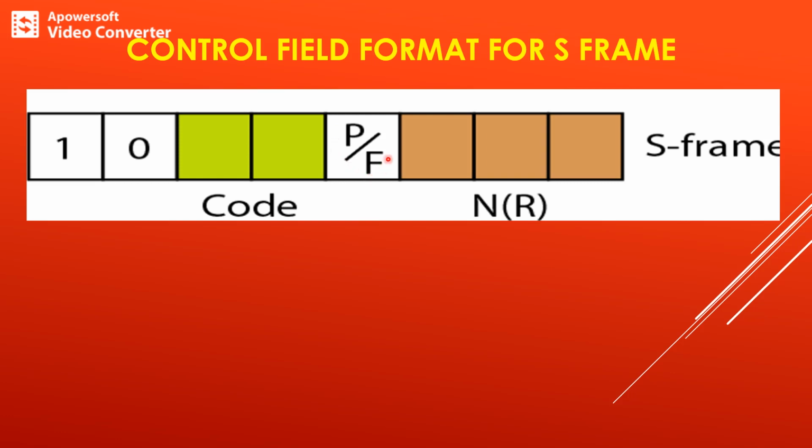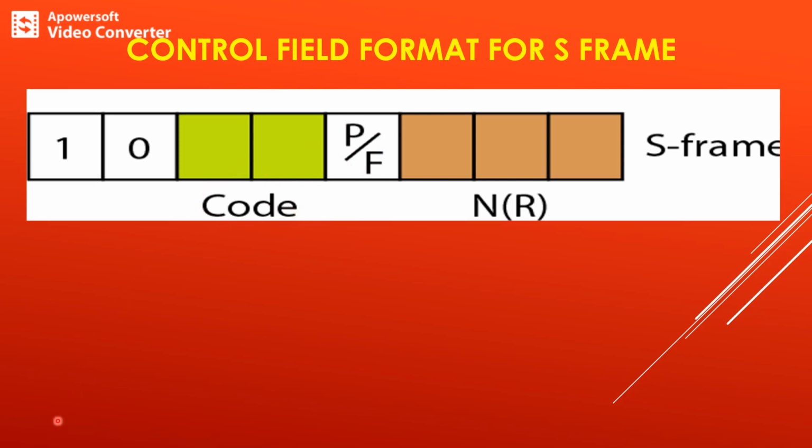Depending upon this value, if it is set to 1, we have to check whether the primary is sending the data or the secondary is sending the data. With respect to that, we can fill the address field, and we have a 2-bit code value.